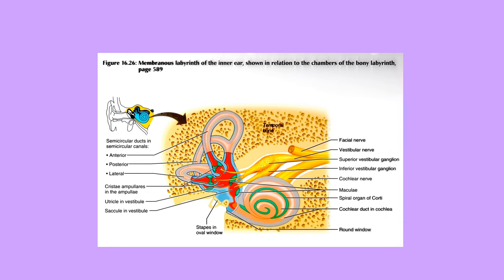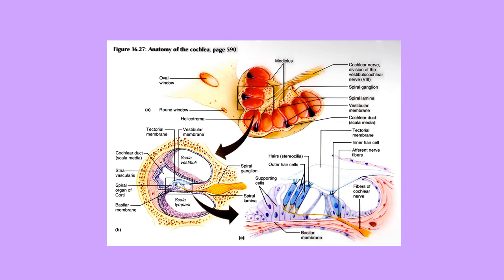So in this diagram, it's focused in on just the inner ear. As you can see, there are three different semicircular canals in different orientations. This is going to help you with balance and equilibrium. And then the cochlea looks like a clam or a snail shell, and it's twisted in that circular fashion, and that is going to contain, as I said, the hair cells for the hearing receptors.